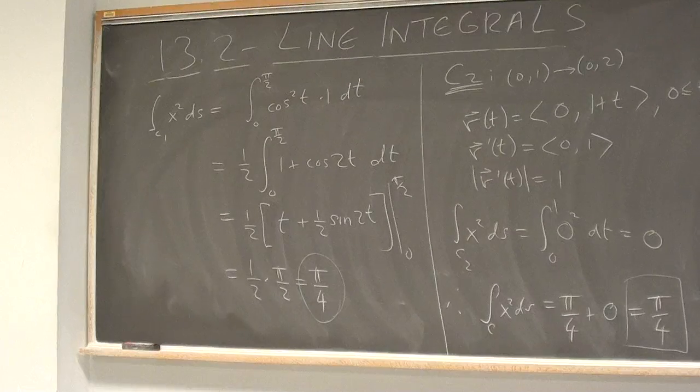So that line has no area. Wait, the fence would have no height once you get to C2.